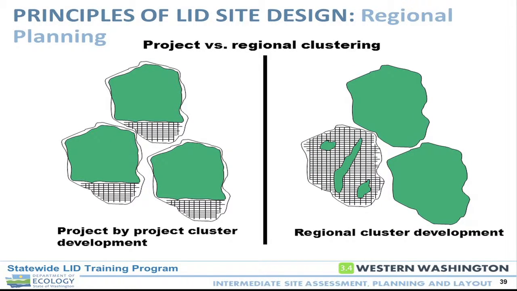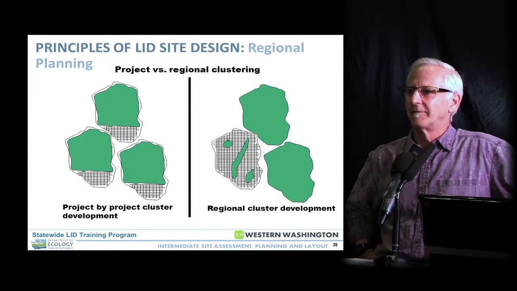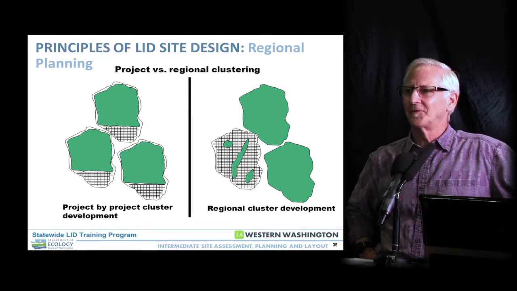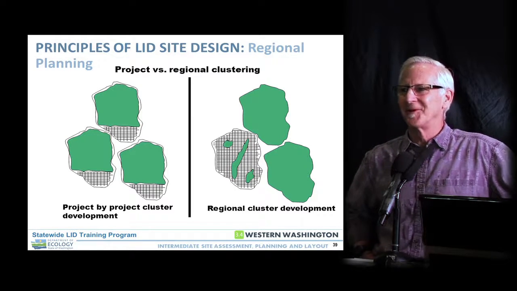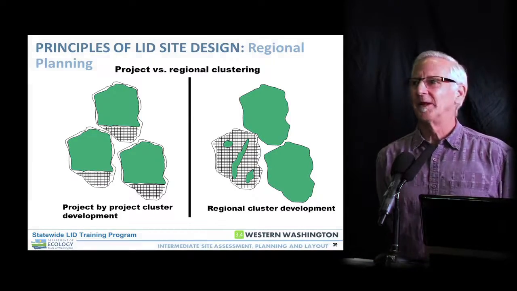Do you take each separate watershed or subcatchment, whatever you might be looking at, and do that in each one? Or does it make sense to move that development into one of those watersheds? There are no answers here. I'm not providing you answers. These are the questions that we need to ask.